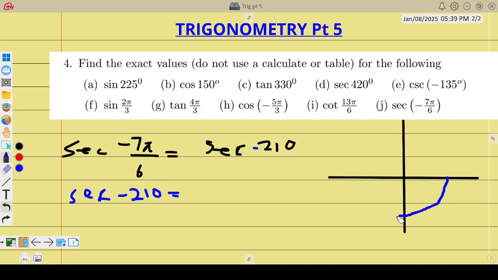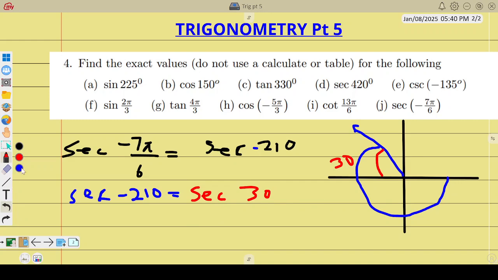Going like this, 90, 180, 210 will be somewhere in the third quadrant, as long as it doesn't cross 270. So the helping angle or reference angle is this angle here. We say 210 minus 180, that is the helping angle, which is 30. So sec negative 210 is just equal to sec 30.